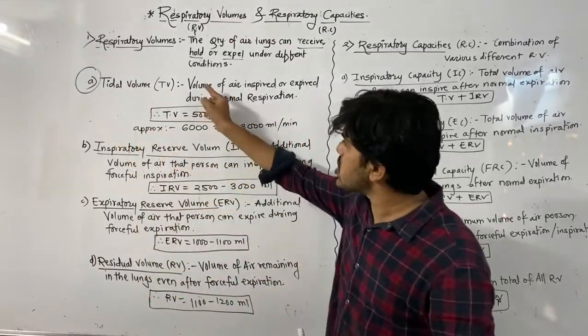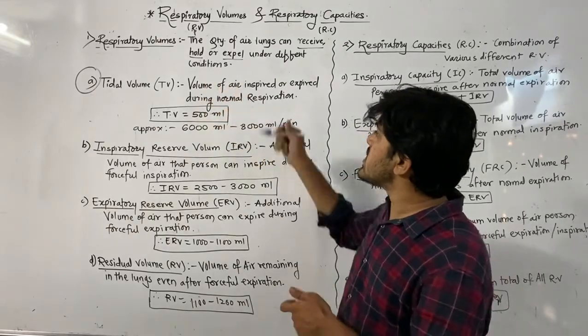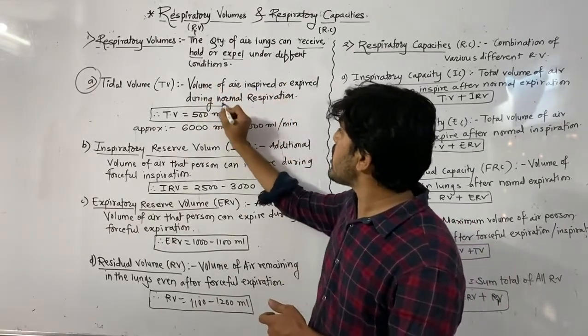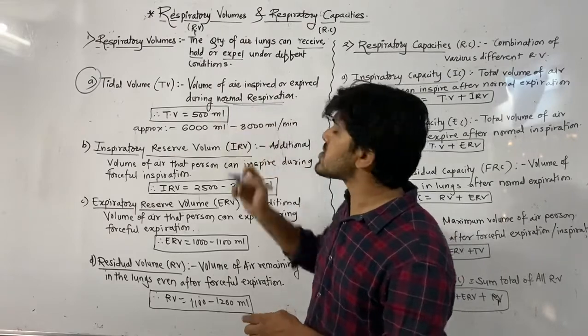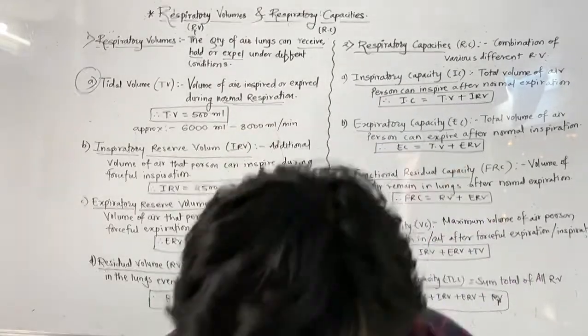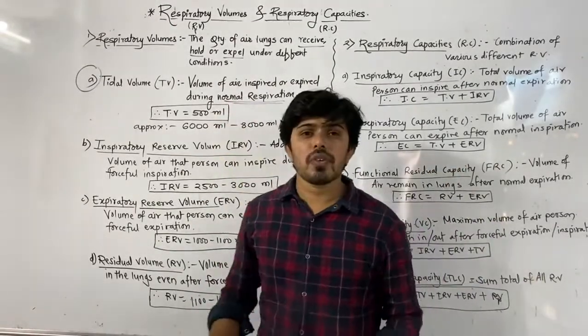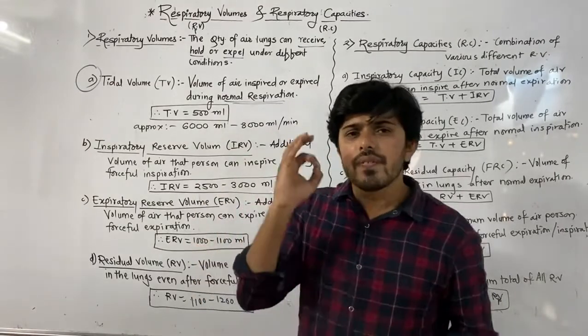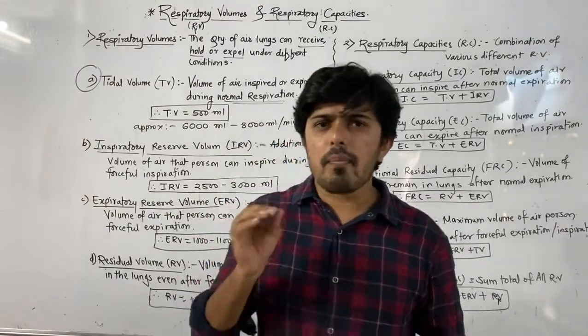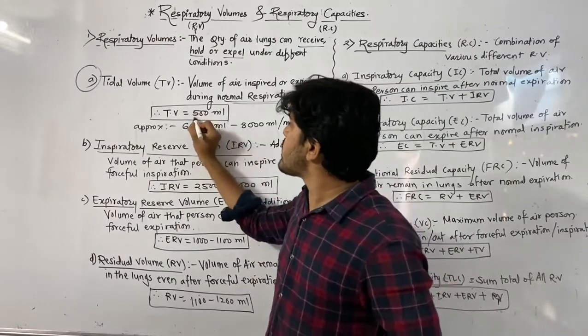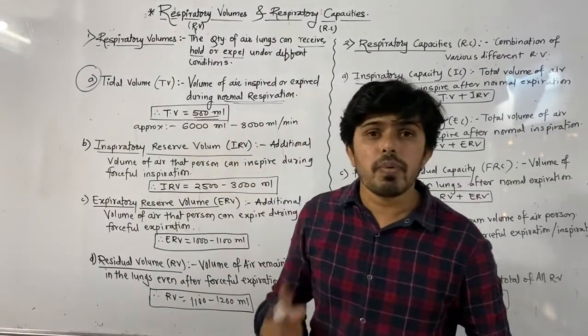You can see the definition. Volume of air inspired or expired during normal respiration. This term is important. During normal respiration, whatever amount of air we take in and give out, that is tidal volume. The approximate tidal volume is 500 ml per breathing.